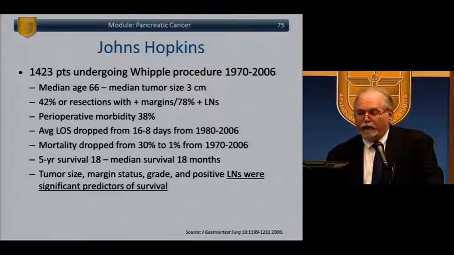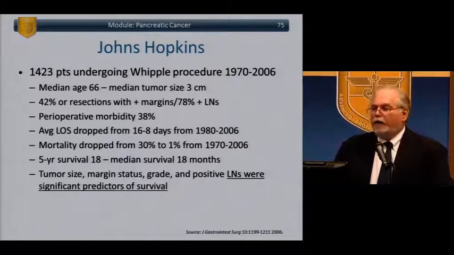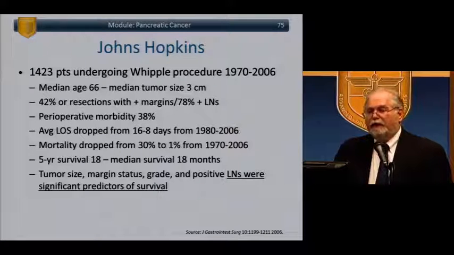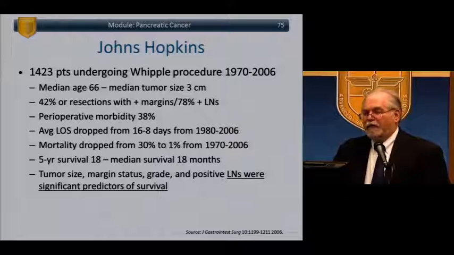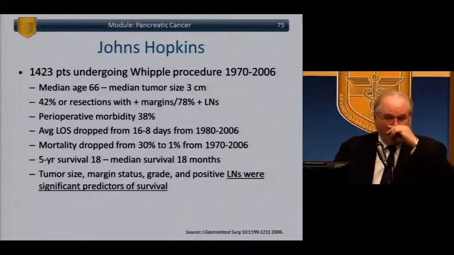Another study, 5-year survival, 19%. Probably the largest study, the Johns Hopkins study, 1,400 patients undergoing Whipple over a 36-year period. Median age 66, 42% with positive margin, 78% positive lymph nodes, perioperative morbidity 38%, length of stay now about 8 days, mortality about 1% now, 5-year survival 18%, median survival 18 months.